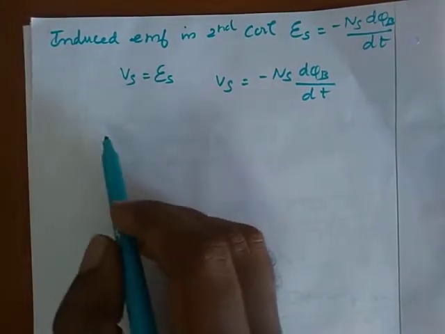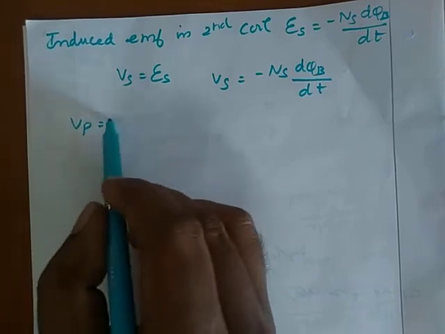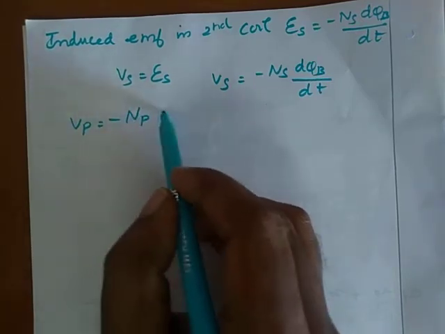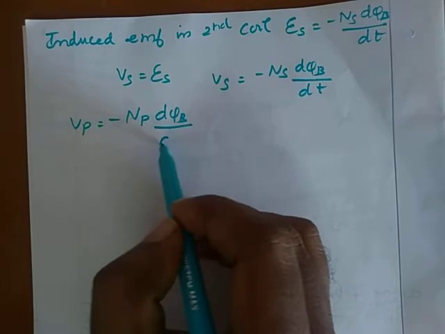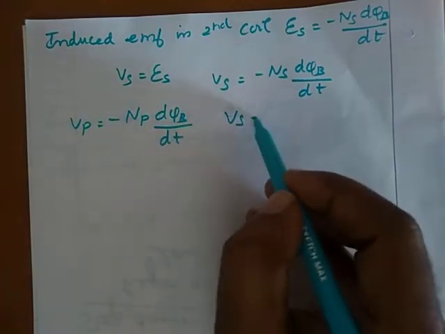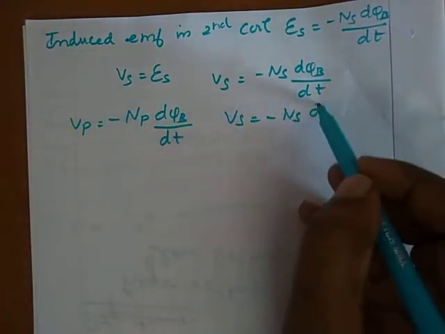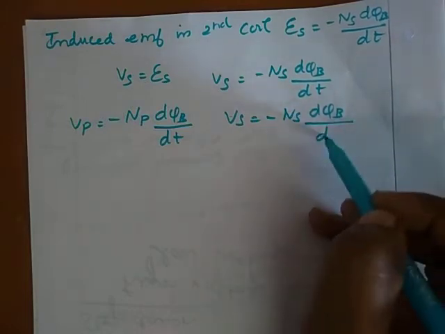We know very well V_p is equal to minus N_p dΦ_B/dt, and V_s is equal to minus N_s dΦ_B/dt.